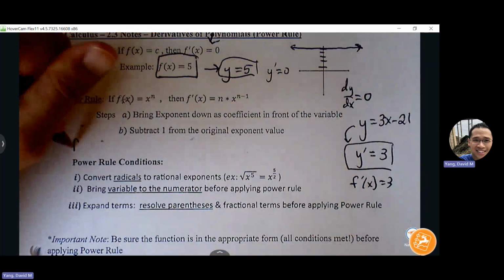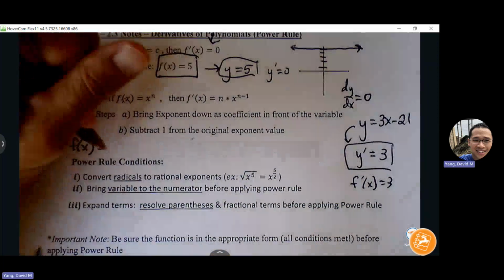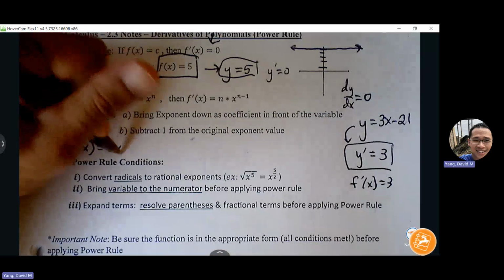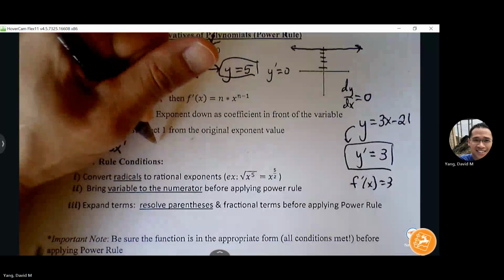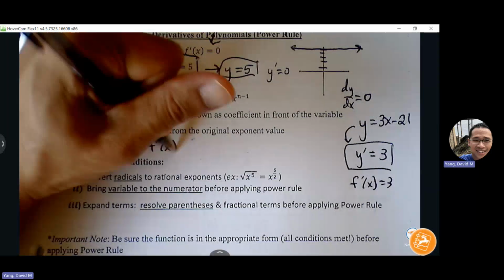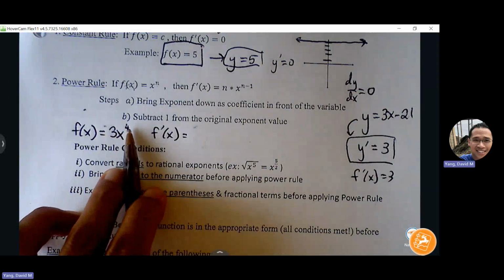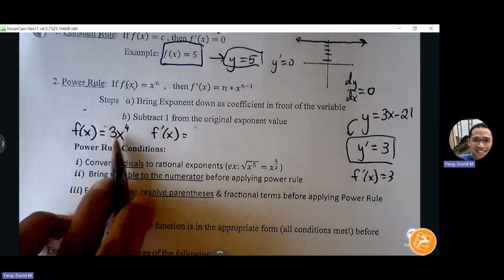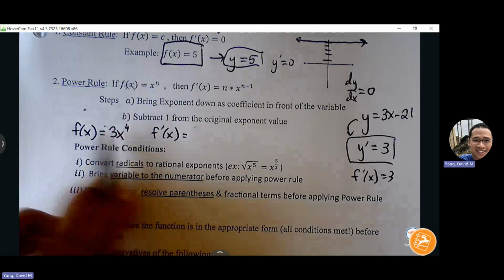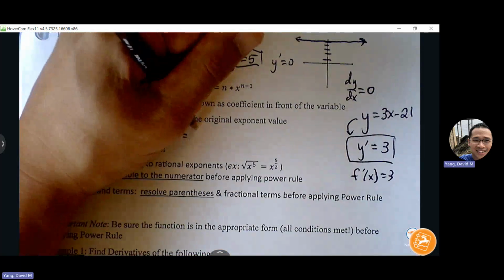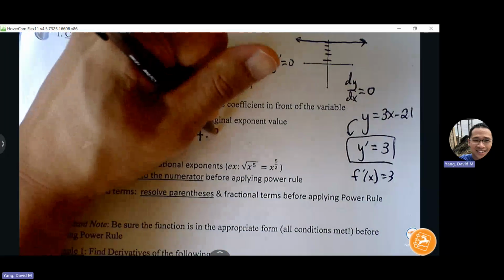So if I had f of x equals 3x to the 4th, my f prime, or my slope formula, is simply, I'm going to bring that exponent down. When that exponent comes down, it's going to multiply with the what? 3. So it's going to be 4 times 3x.